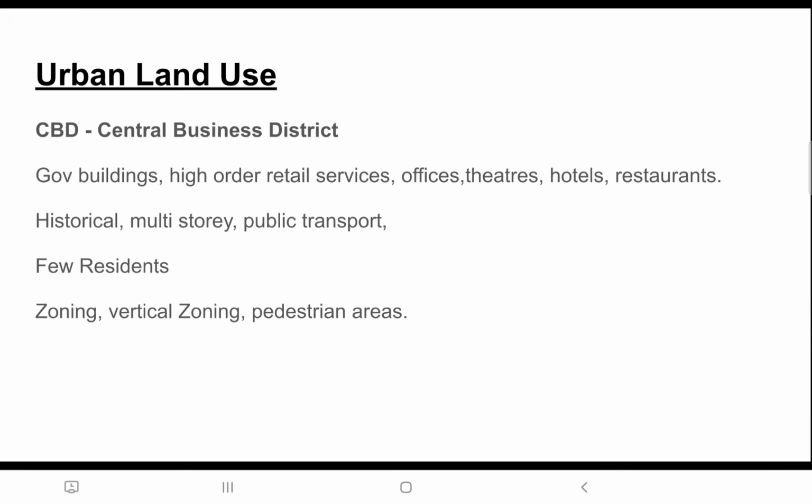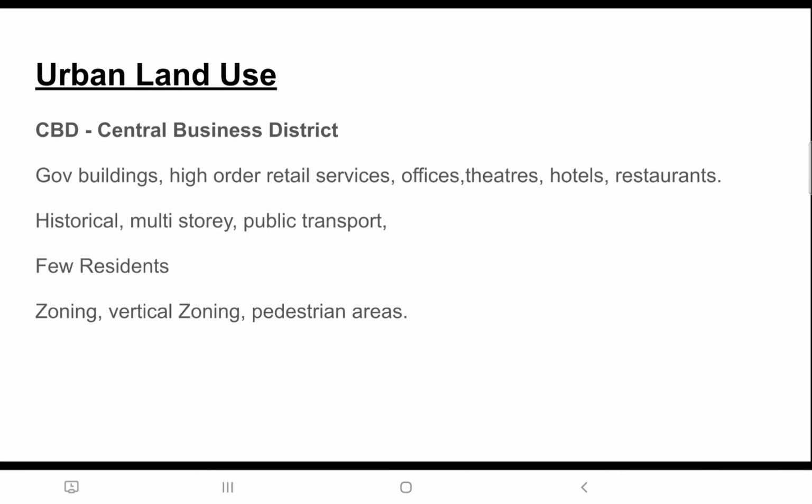You tend to find historical buildings, multi-storey buildings, and good public transport links. In the CBD, there are usually fewer residents, so the number of people in the CBD at night is low.